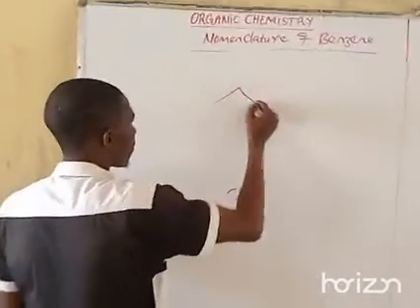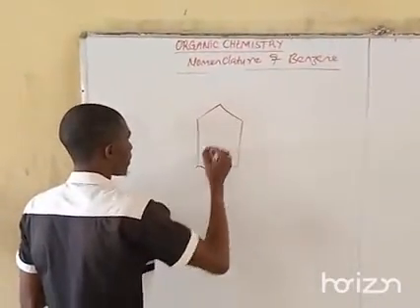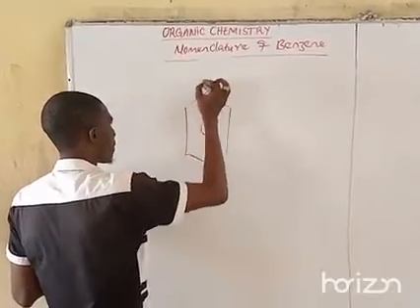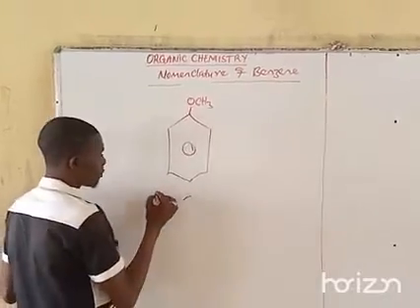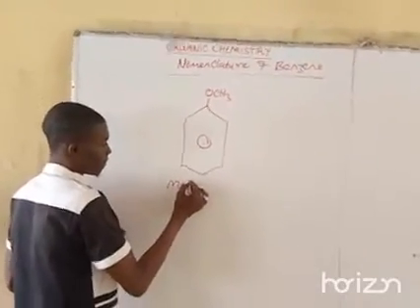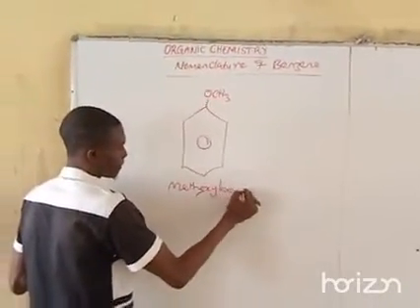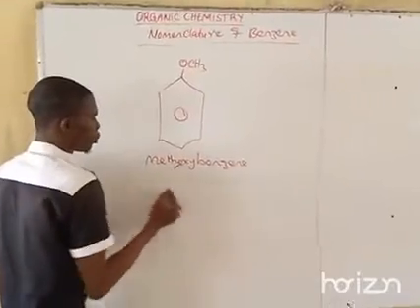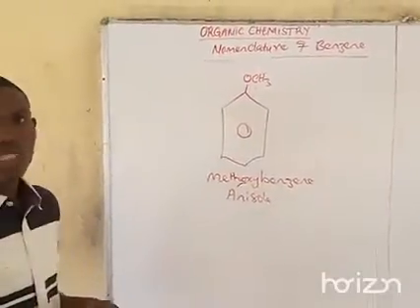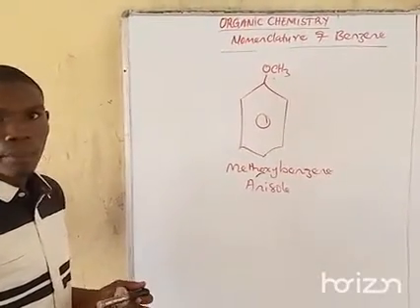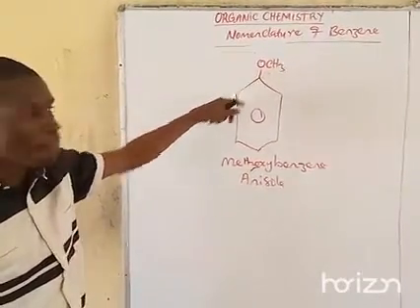Then we have this, called methoxybenzene, or you call it anisole. So it's either you call it anisole or you call it methoxybenzene, the benzene attached to OCH3.